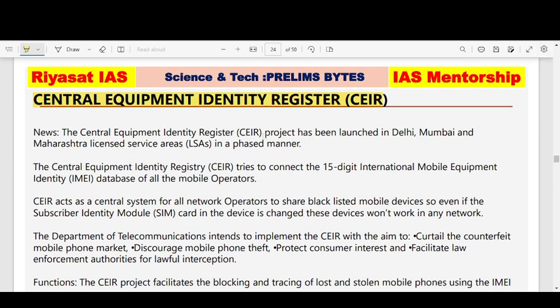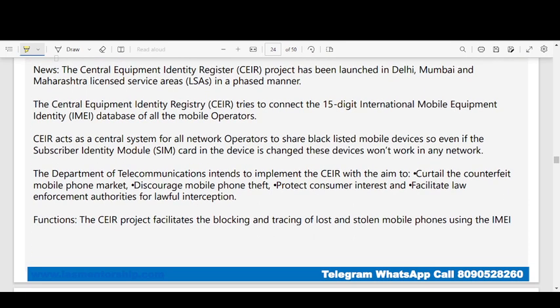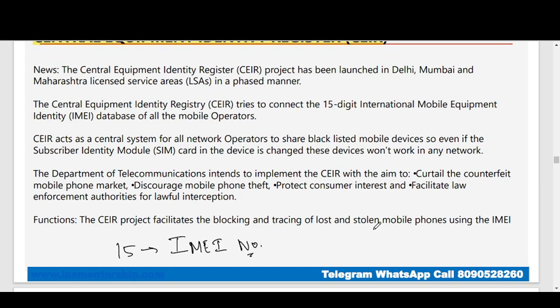Very important. I am giving you a rough idea of what it is doing. See, all mobile phones have a 15 digit IMEI number. Clear? What is this IMEI number? See, take an example: whenever you take admission to a school, you get an admission number, and that is your identity that yes, with this admission number, I have been admitted into this school or college.